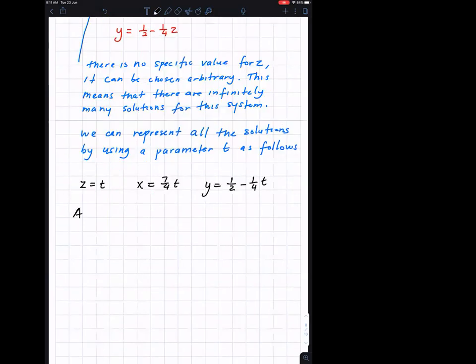Any value of the parameter t gives us a solution of the system.